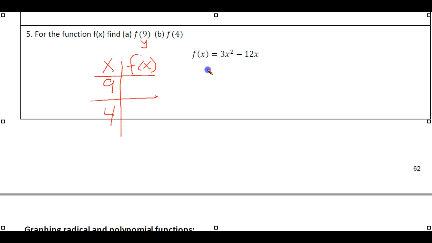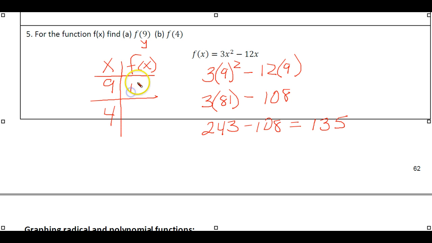So we would go 3 times 9 squared minus 12 times 9. You want a nice way to indicate and watch everything here. This will be 3 times 81 minus, equals 135.